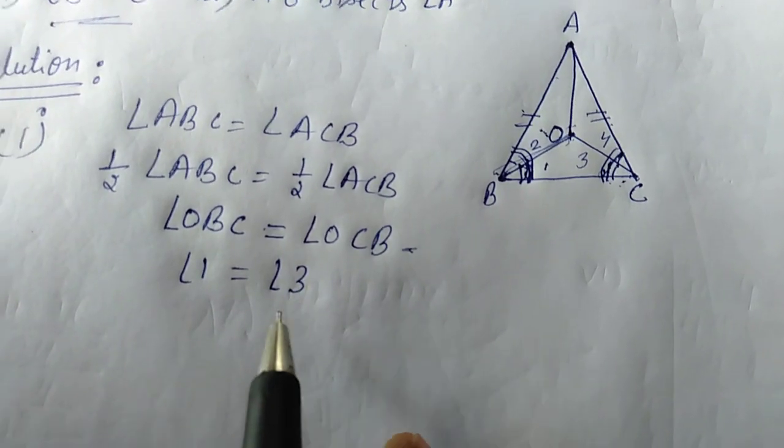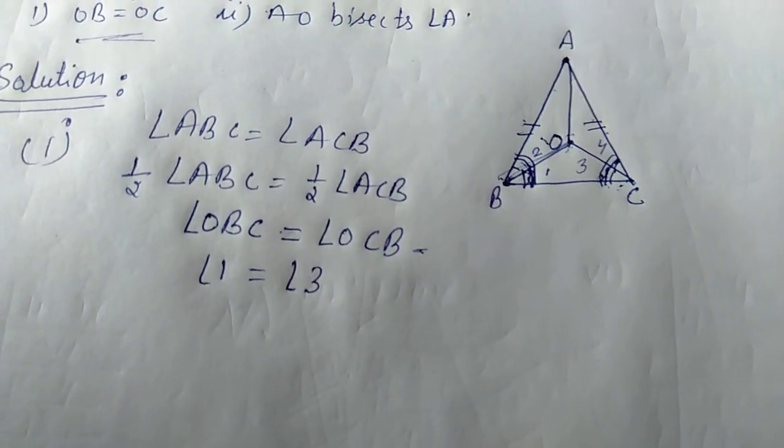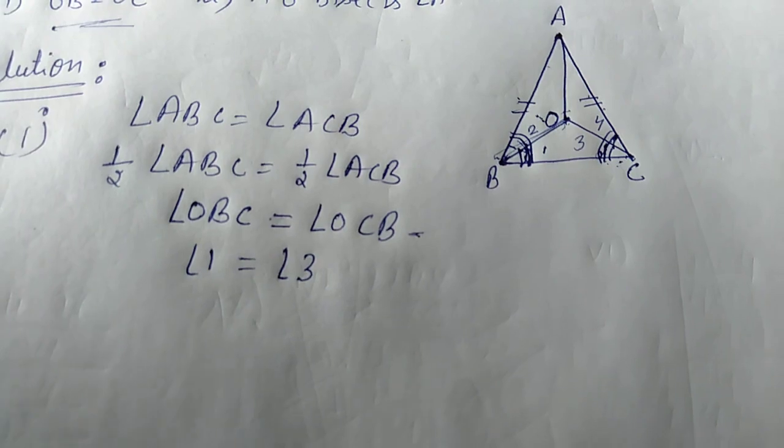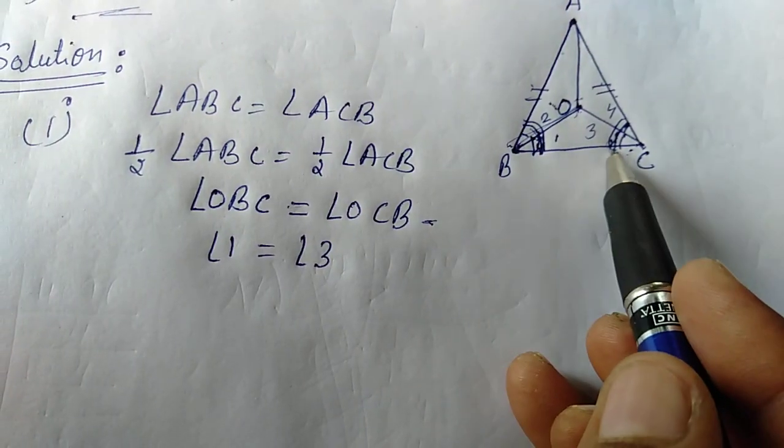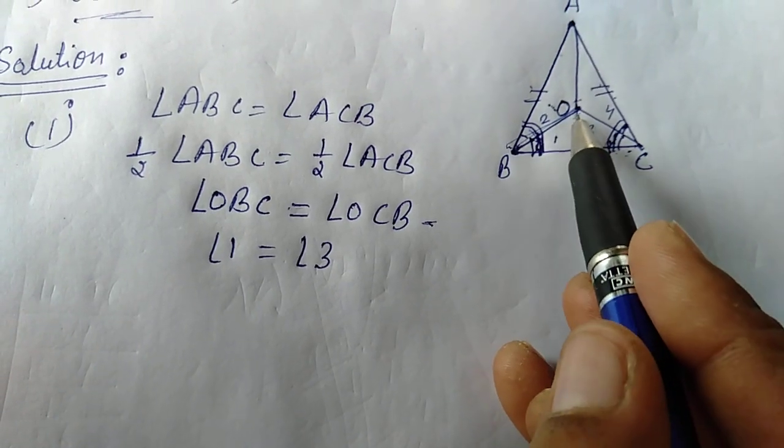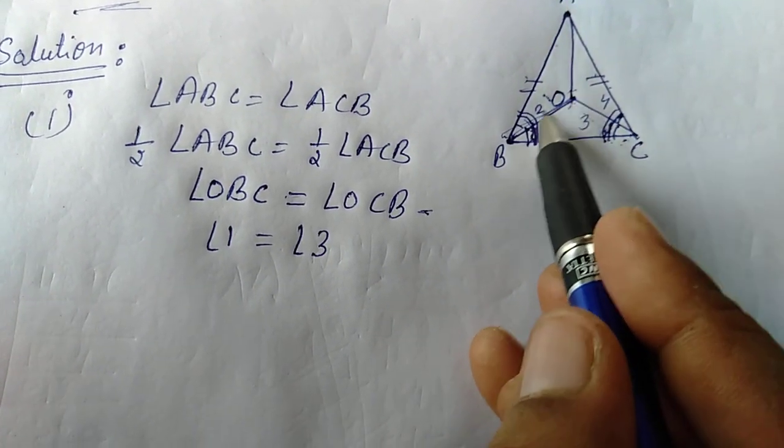And it is sufficient to write this one also. If you find it easy, you can write 1 and 3 are equal, right? So angle 1 equal to angle 3. So angle 1 is opposite to OC and angle 3 is opposite to OB.